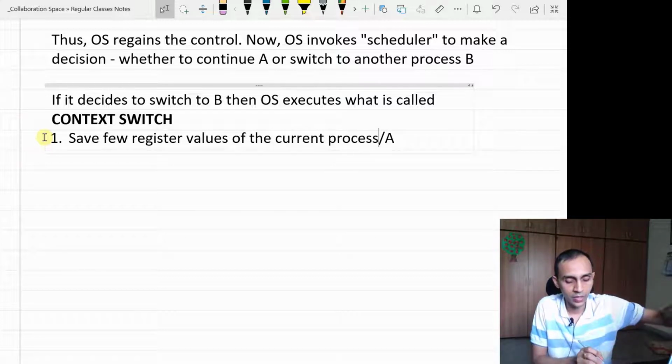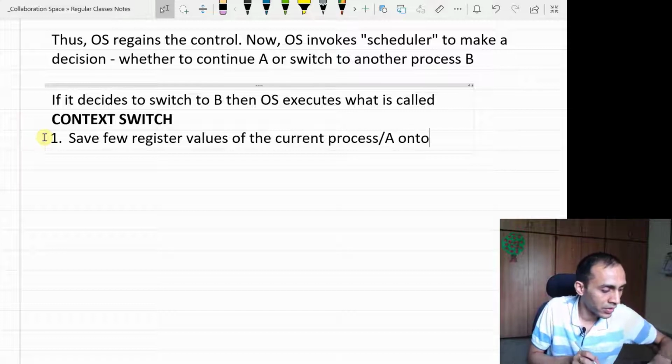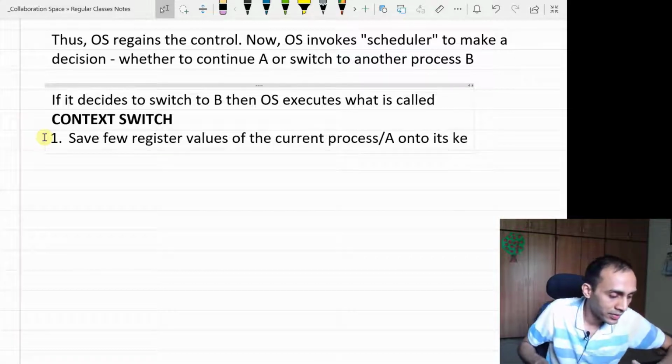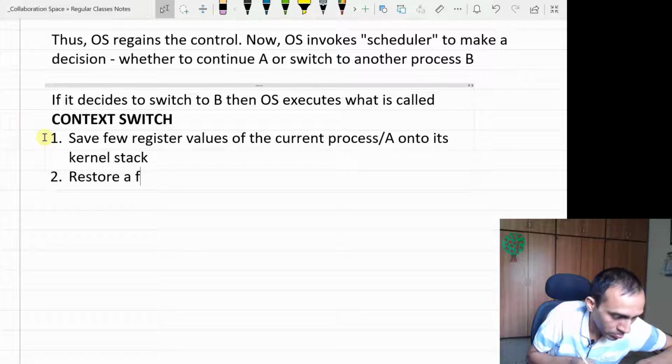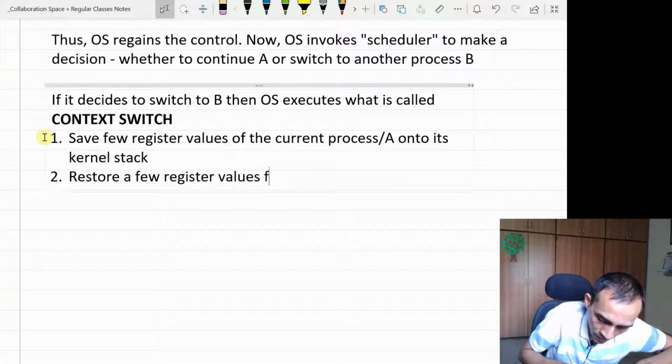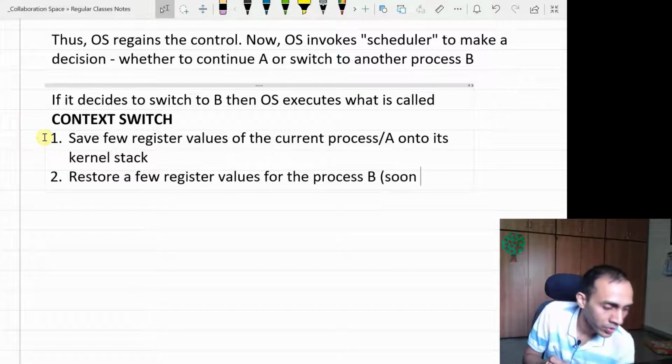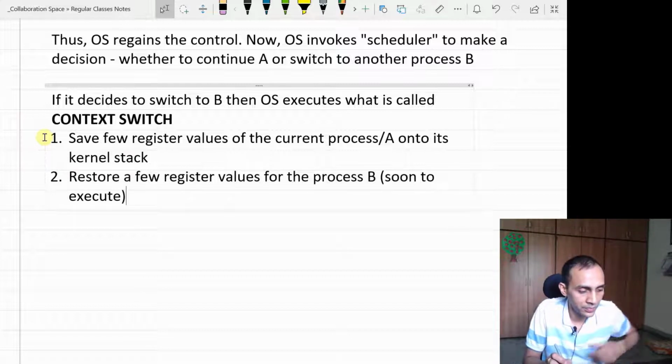So it has to save the current process state onto its kernel stack, and it will restore again a few register values for the soon-to-be-executing process, which is process B. We are calling it process B, which is going to soon execute on the system. So it is going to restore the register values for process B.